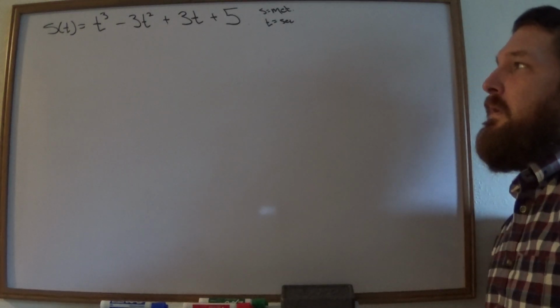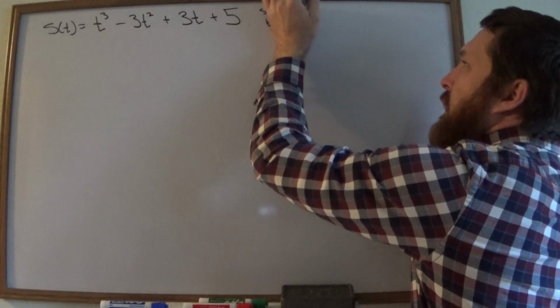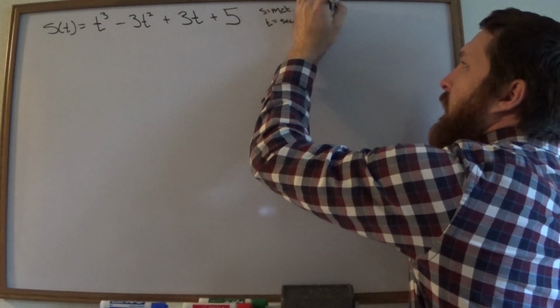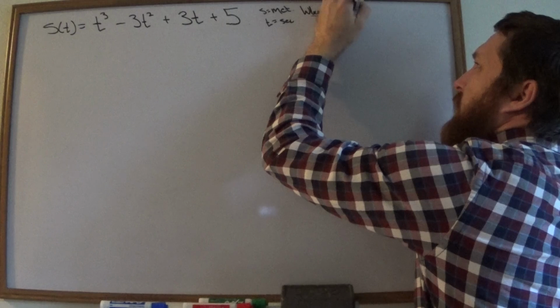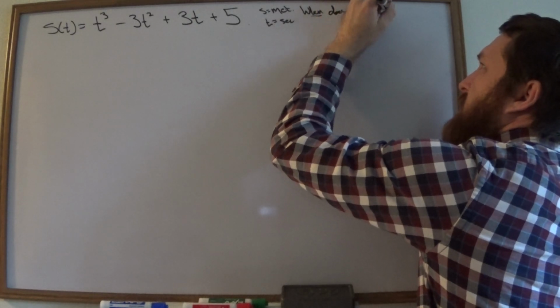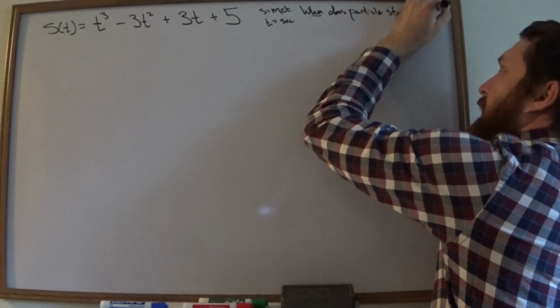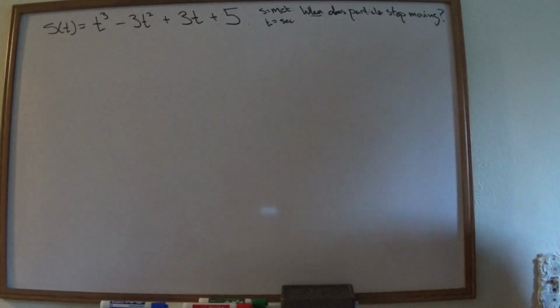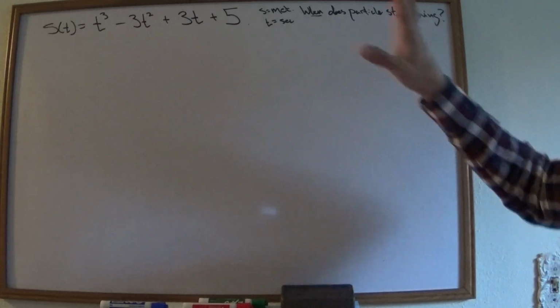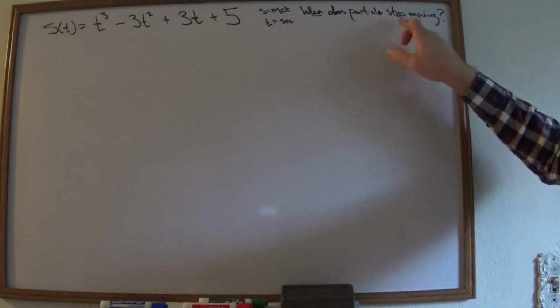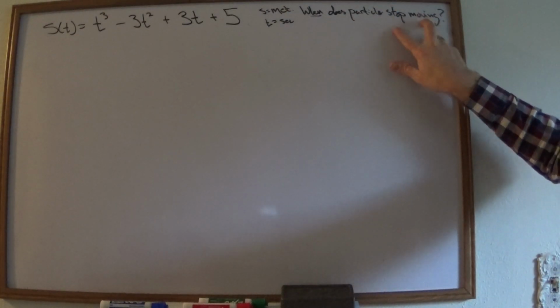And now I want to know when does the particle stop moving? So when is its velocity 0? We were given a function, and when does it stop moving means when is its velocity 0.